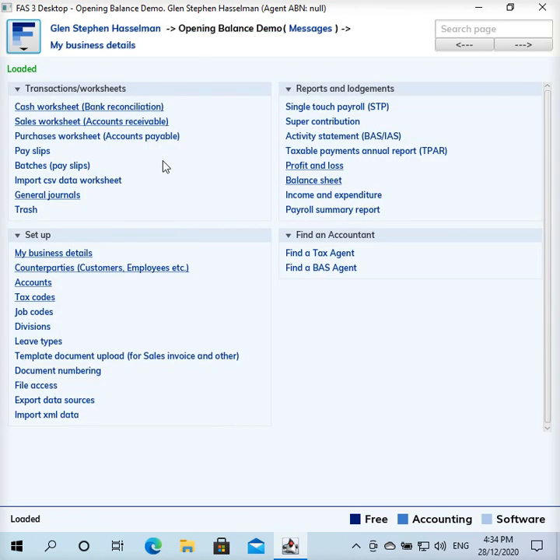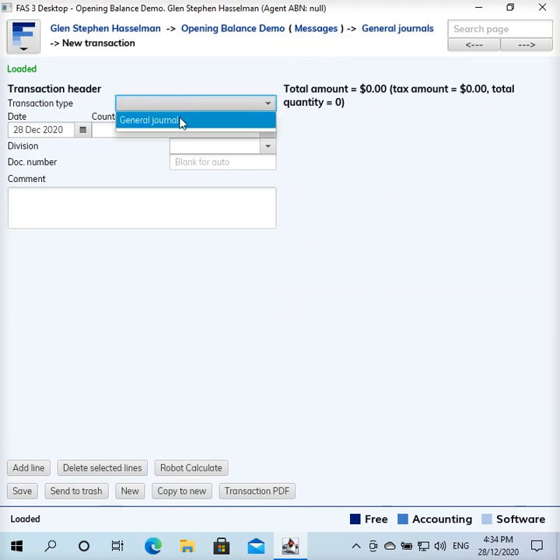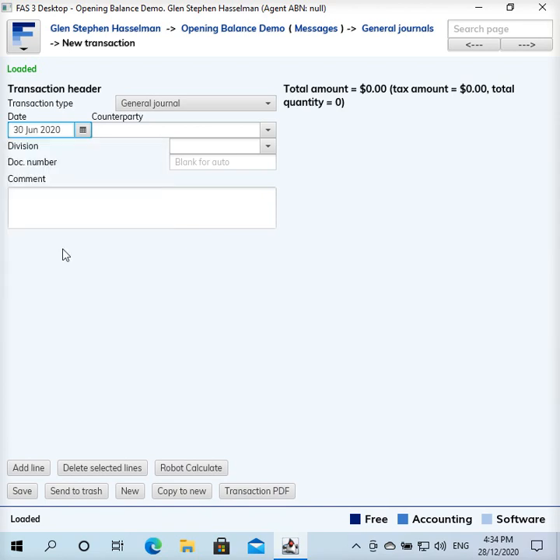So let's say general journal and doing a new transaction. Again, just a normal transaction, but it is dated 30th of June, being the last day before you're starting using free accounting software. In this case, that's the last day of the prior financial year. If you were starting partway through the financial year, it could be another date.